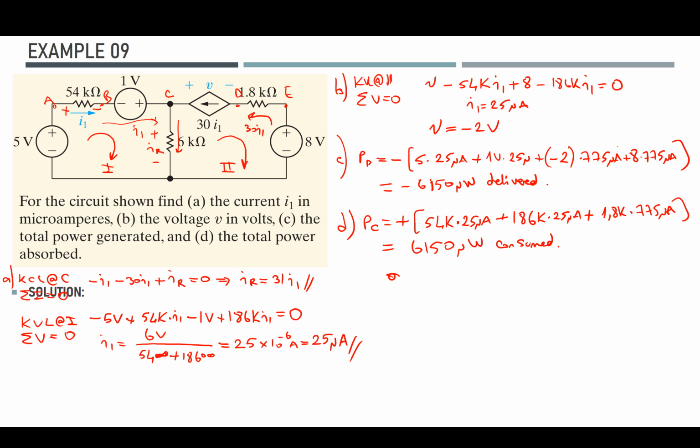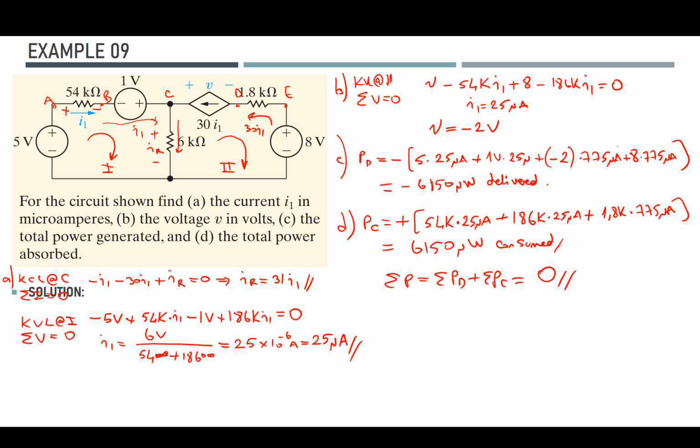For a sanity check, we know that the total power should be 0. Total power delivered plus total power consumed will result in 0, which means that we have correctly solved the circuit.